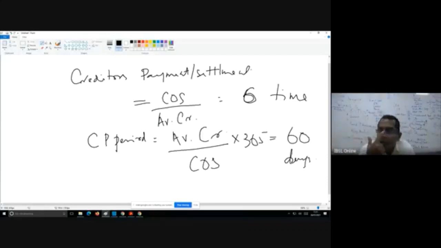So that's the first thing. The other thing, when you are taking a longer period, raw material will come with a premium. So your cost of sales will go up, right? Normally we take cost of sales, but if you have purchasing cost, you can use that, based on the information they have given.